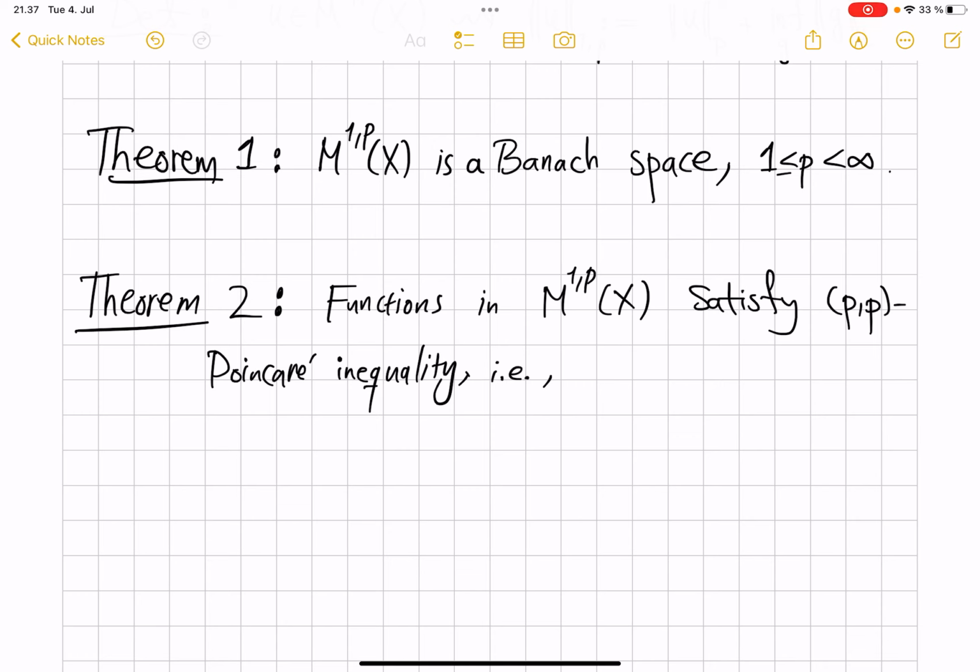So anyway, what does it mean for this space to support a Poincare inequality? First of all, we want the measure to be finite. That's needed, and p is not restricted here, it could also be 1.